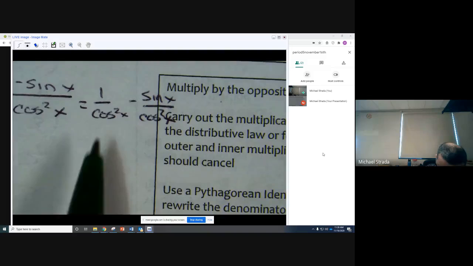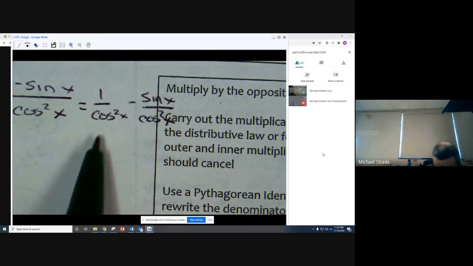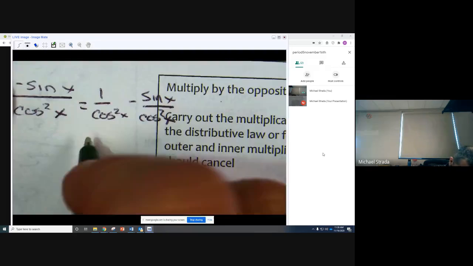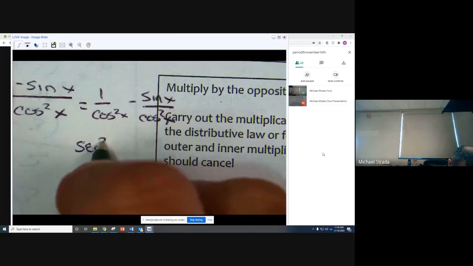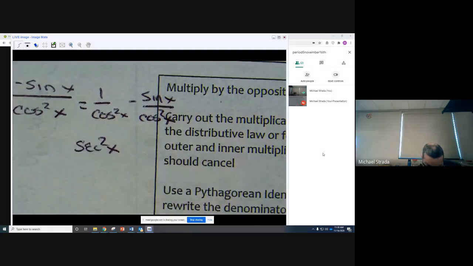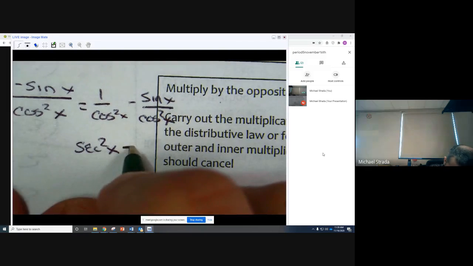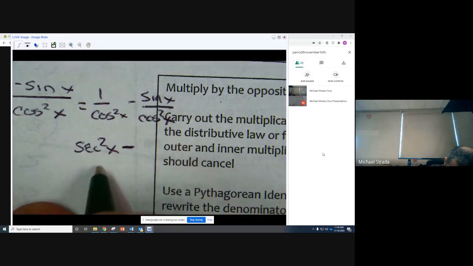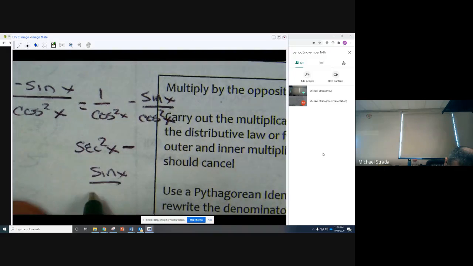And then this is the reciprocal identity. The reciprocal of cosine is secant, so that becomes secant squared x. Remember what our goal was? Simply to not write it as a fraction. And this is the part that's strange to people. That is probably not like something you've done before. Minus sine x over cosine x times 1 over cosine x.